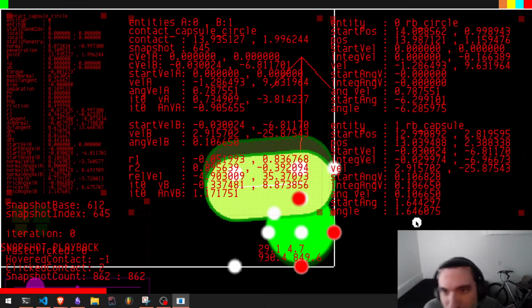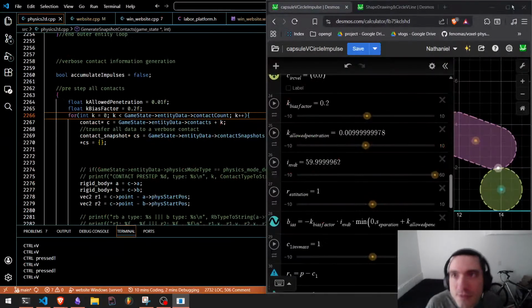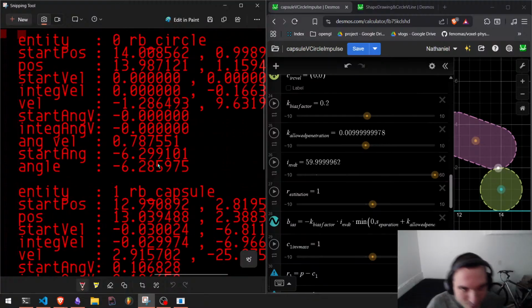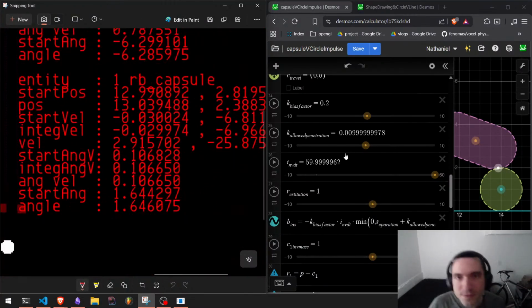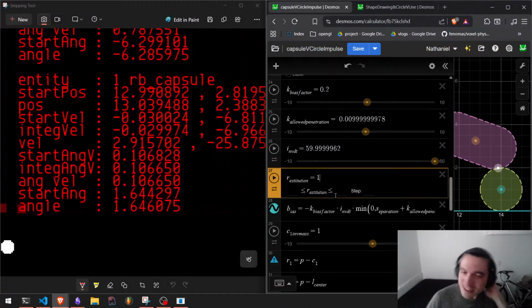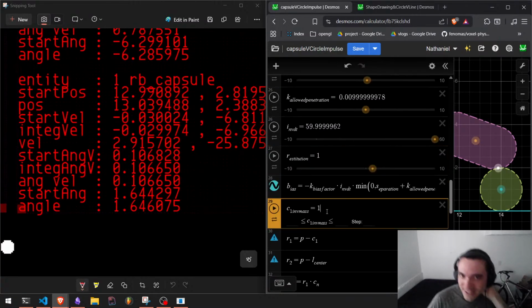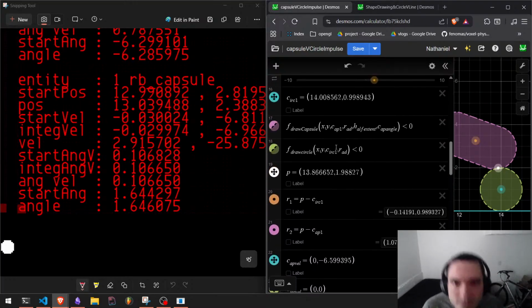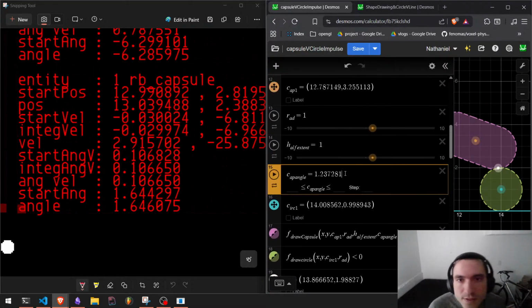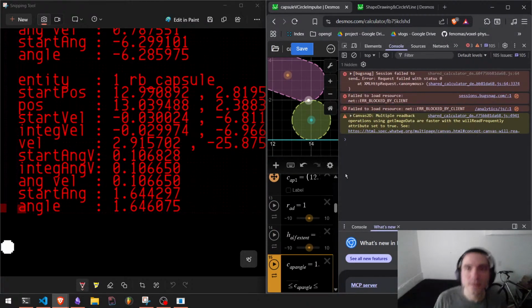Okay. 1.644297. We're going to look at every single piece of data and plug it in. It's going to be very slow. I'm just demonstrating that this is just one of the things that you're going to have to do if you want to get comfortable writing physics. Oh, jeez.